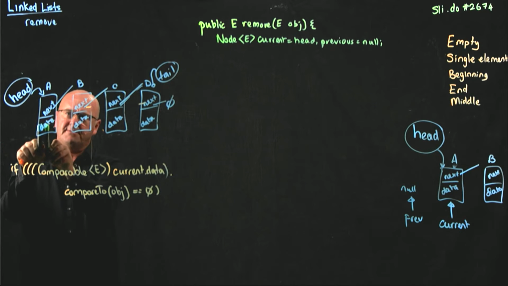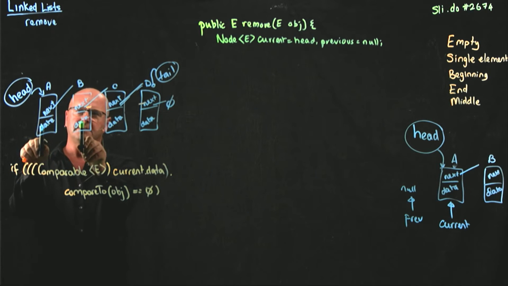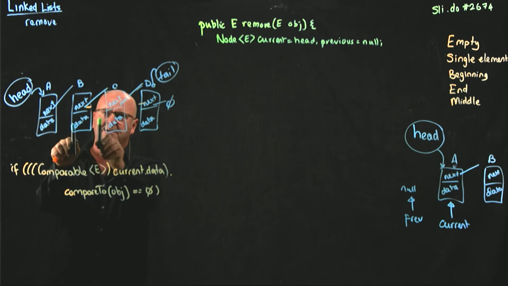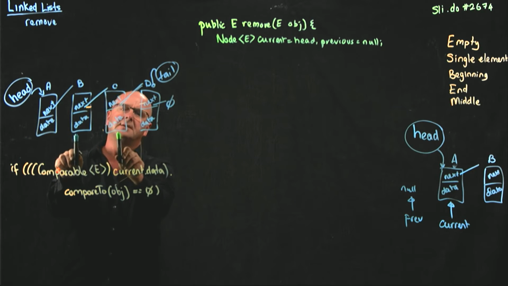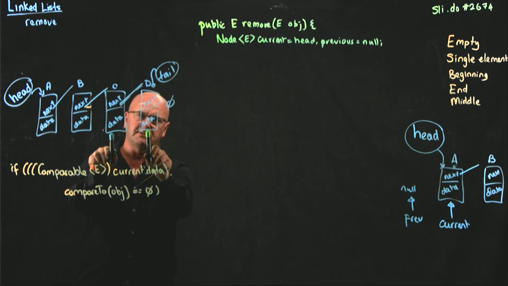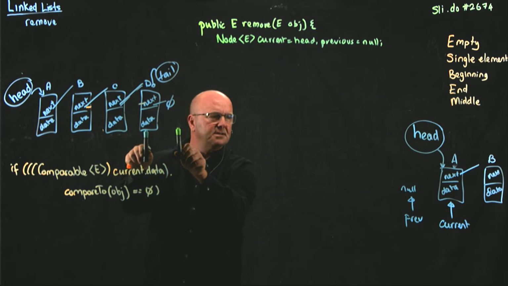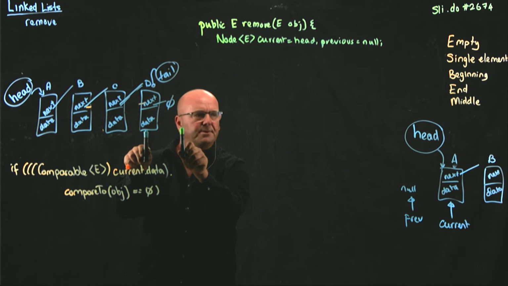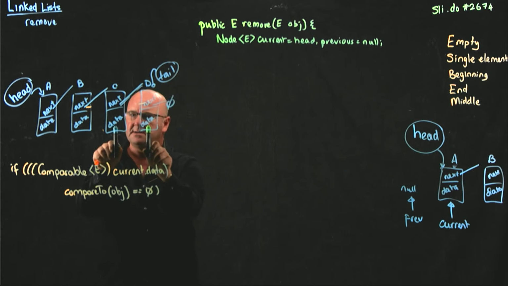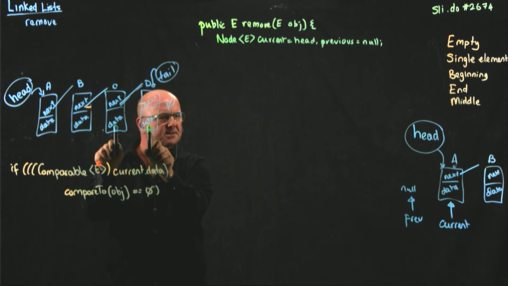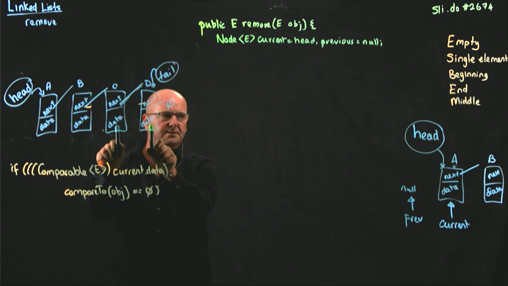We're going to set previous to current, current to current dot next. Previous to current, current to current dot next. When we get to this point, we've checked everything. If we stop here, where previous is not the last node, but the one before it, and current is the last node, so previous is the penultimate node, current is the ultimate node.